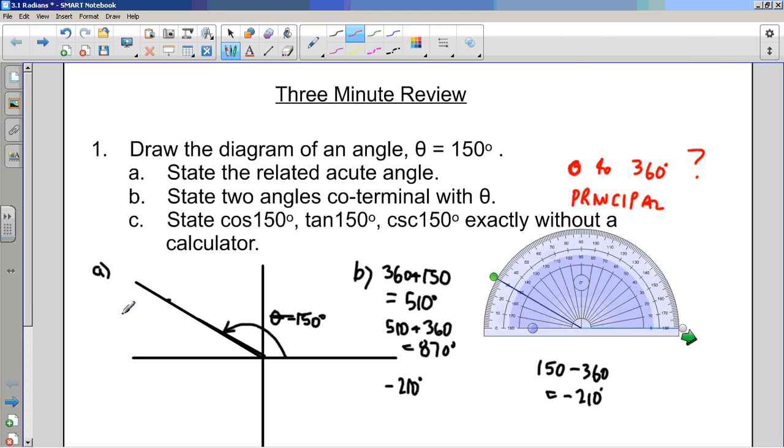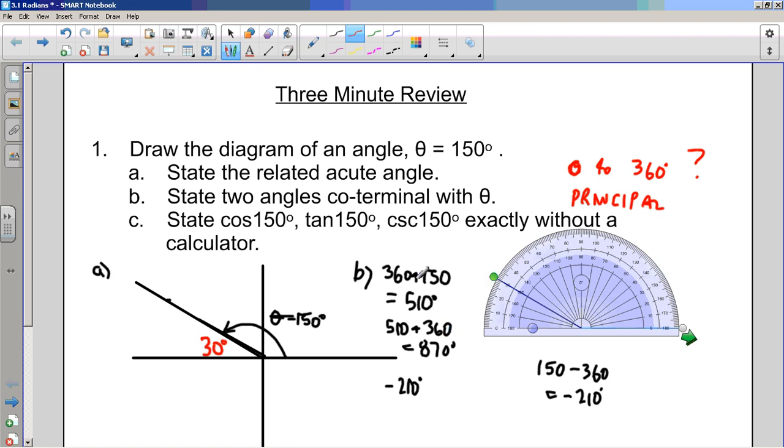Now, back to A, it's actually the related acute angle. The related acute angle is this little bit in here. Well, if this is 180, we know a straight line is 180. This is 150. This is 30. And as we learned in grade 11, what's so important about coterminal angles? Coterminal angles all have the same trig ratios.